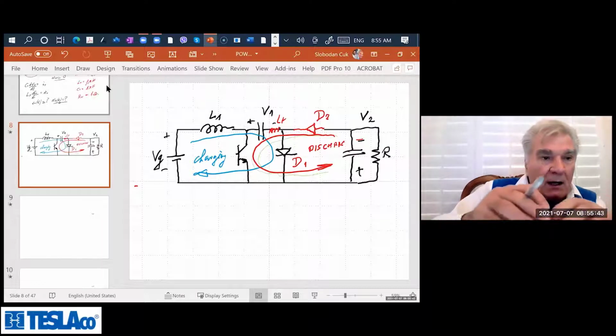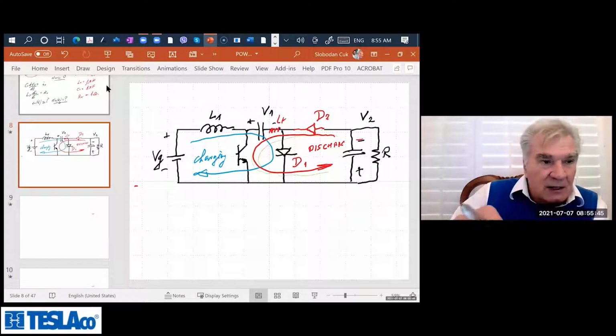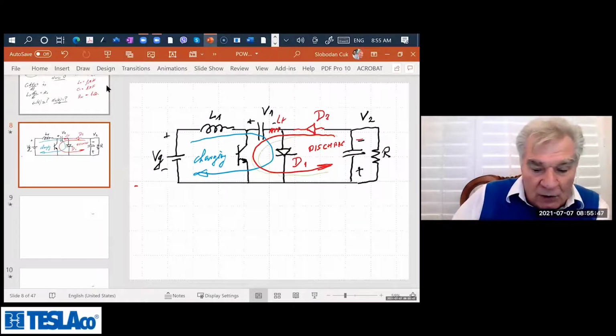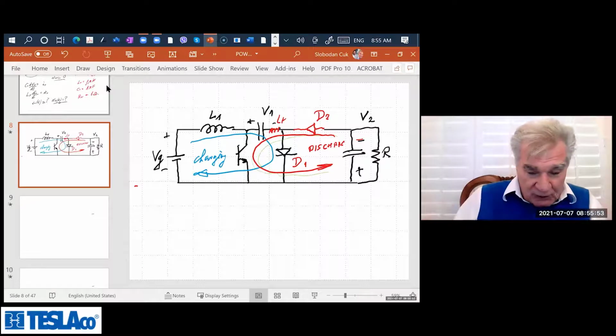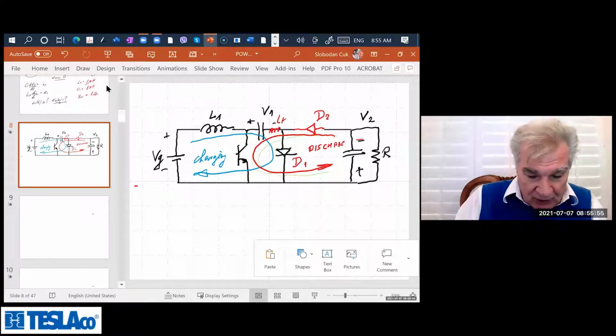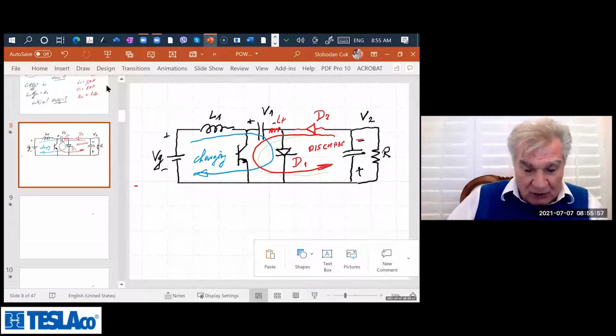It had set and reset a volt-second balance only during the short circuit, during this period. And therefore, it is not switching between DC voltage VG and DC voltage on the output, which are large.